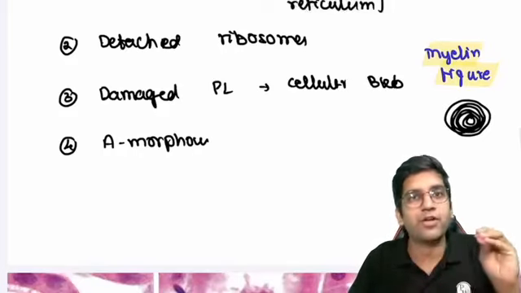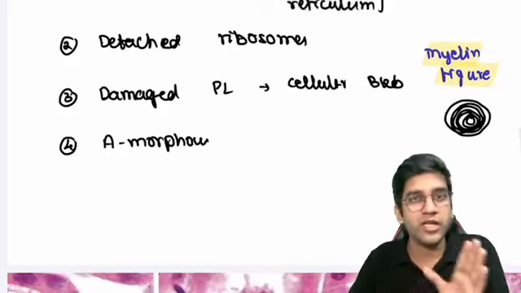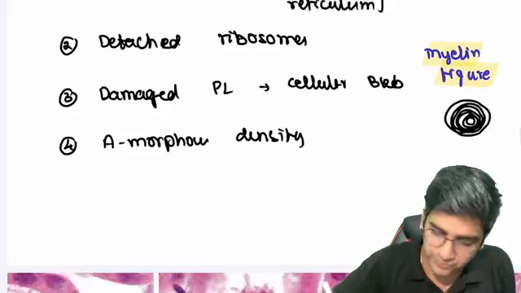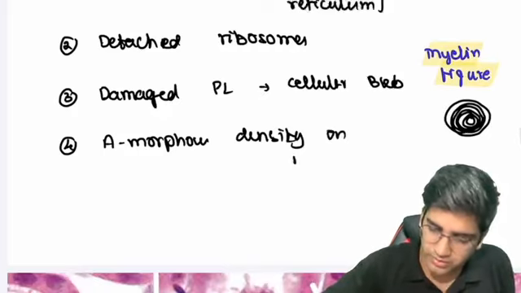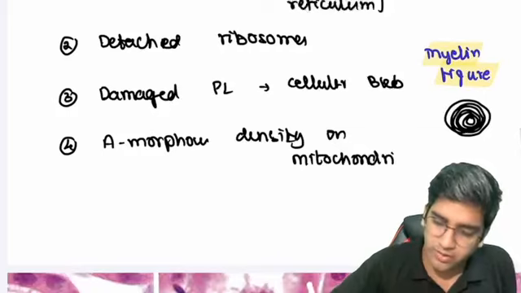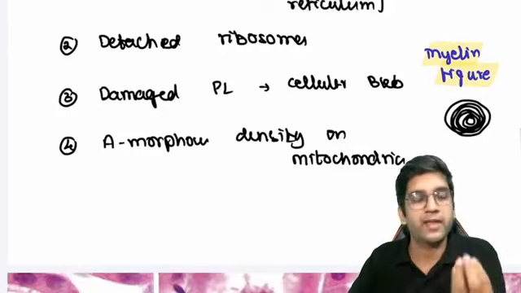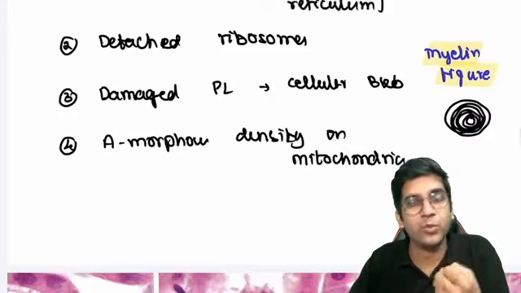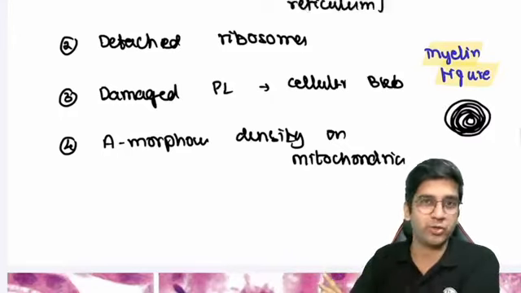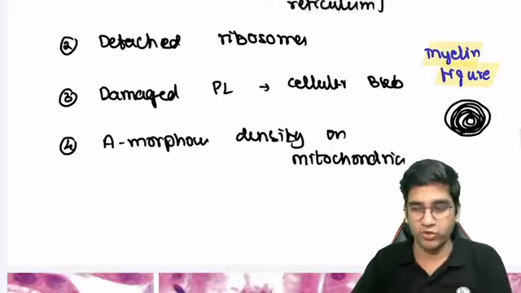It doesn't have any particular size or shape. Amorphous densities in mitochondria. I'll explain what a density means. Anything in electron microscopy is based on electron density. If something is very black, which means it's more electron dense, you'll have black dots inside mitochondria. That's what I mean by amorphous densities inside mitochondria, right?